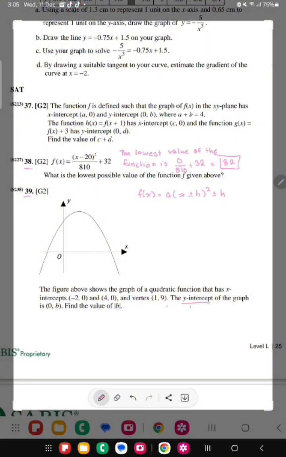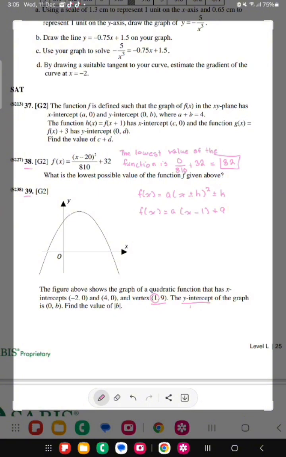Now you're going to put your vertex into the equation. So f of x is equal to a into x minus 1. You take the opposite of your x, so this is positive 1, and in the equation it will be negative 1 plus 9. For the y it stays the same. The sign does not change.